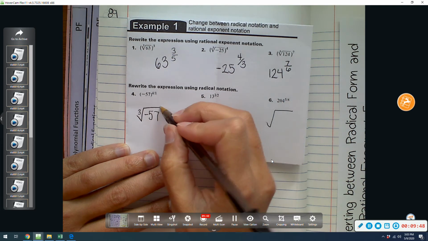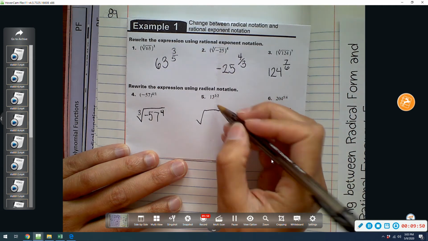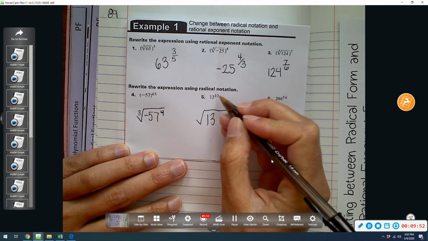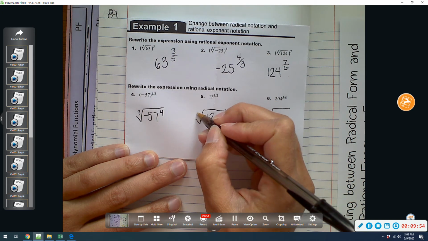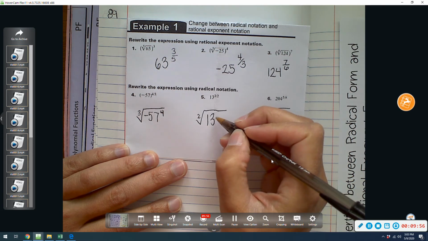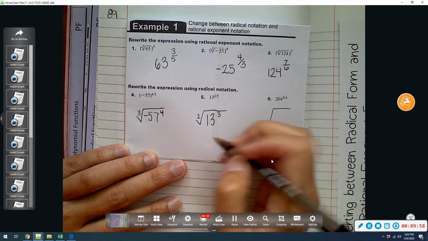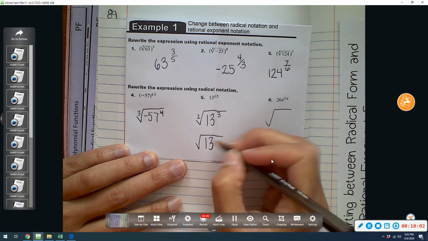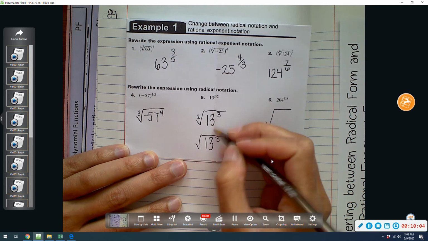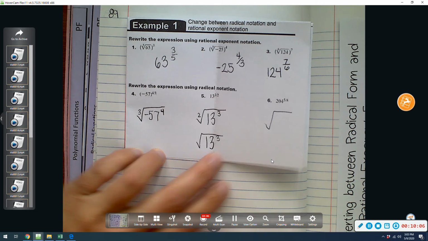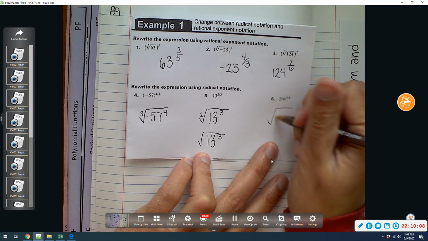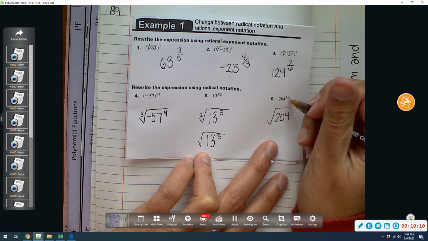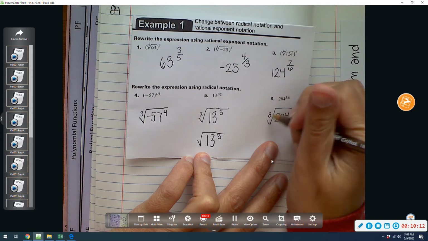I typically put it under the root, but it doesn't matter. So 13 is my number. 2 is under, so it comes out, becomes your index. When it's a 2, I don't really need to put it, because we all understand that a root without a number is the square root, so either answer here is fine. And then last but not least, 204 is my number, 8 is under, so it becomes my root, and 5 stays in.